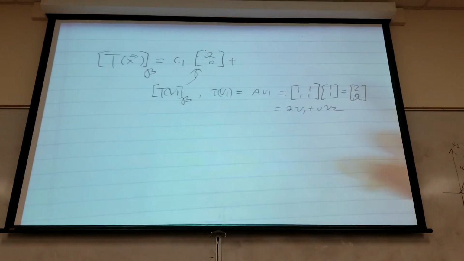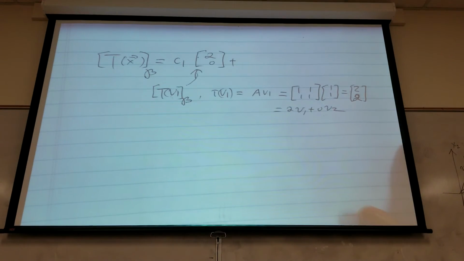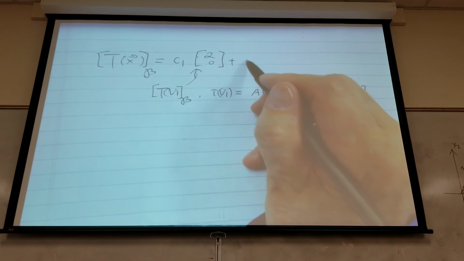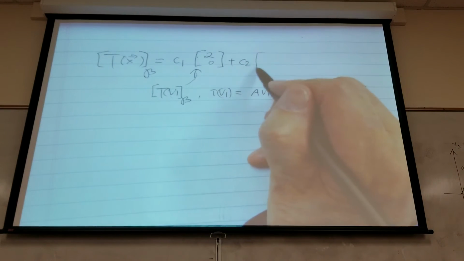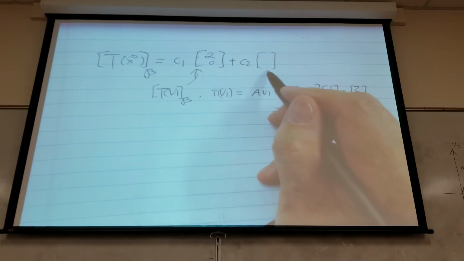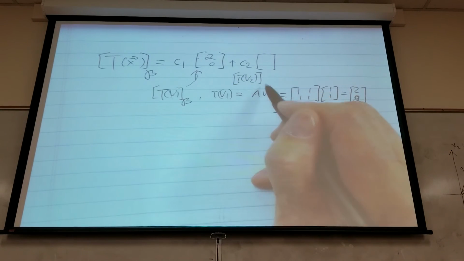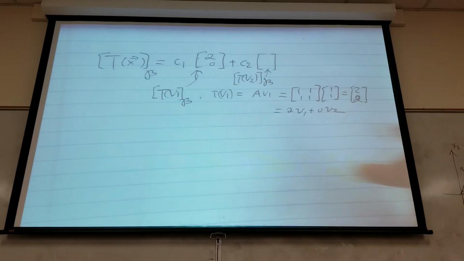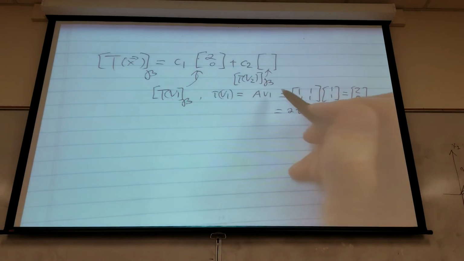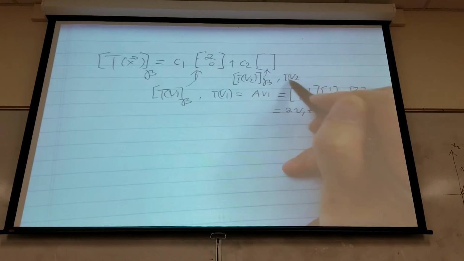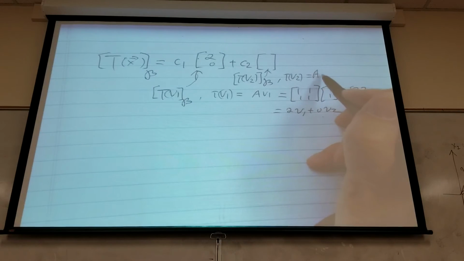So we need to do C2, and then I need to put TV2's coordinate in here, right? For that I need TV2, but that is AV2.